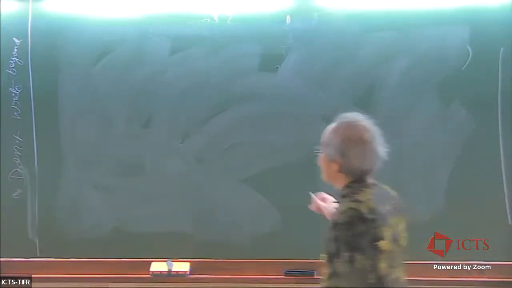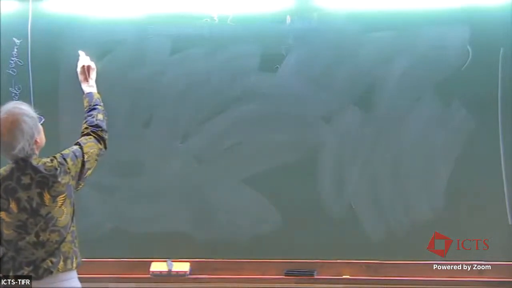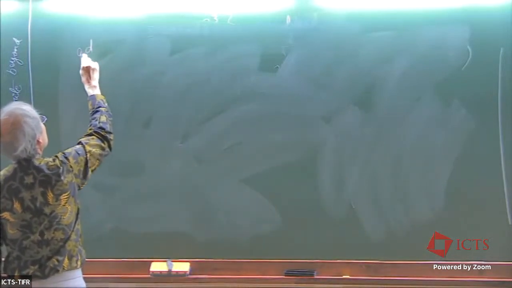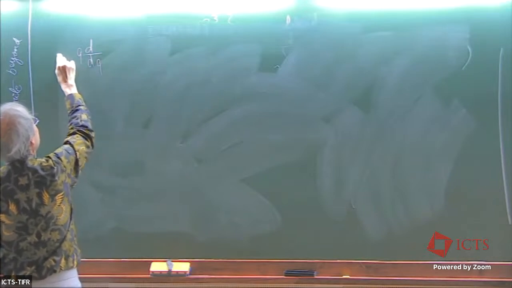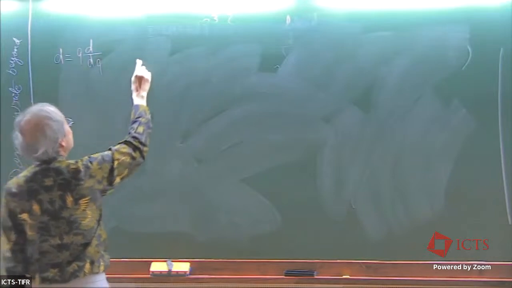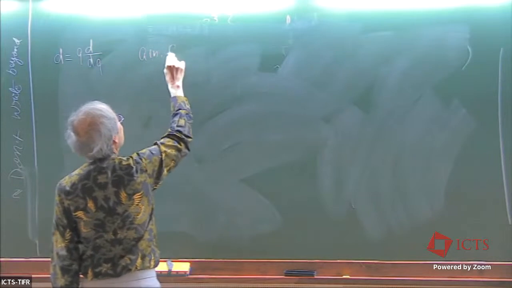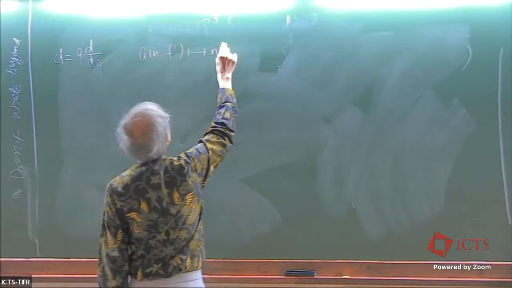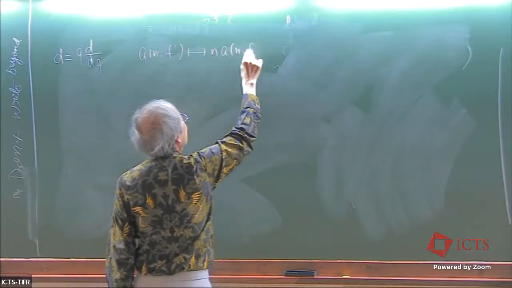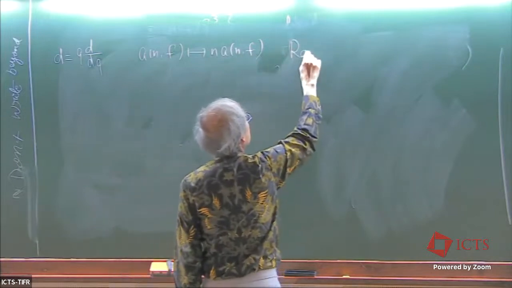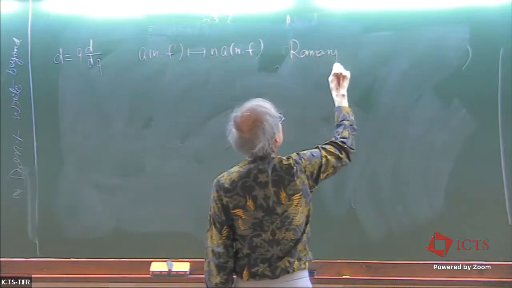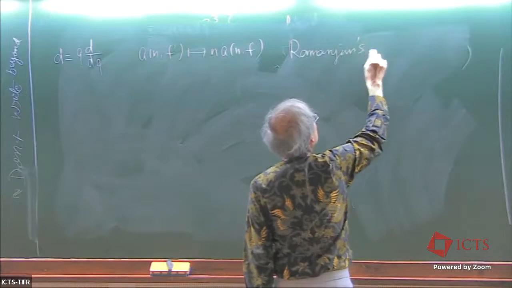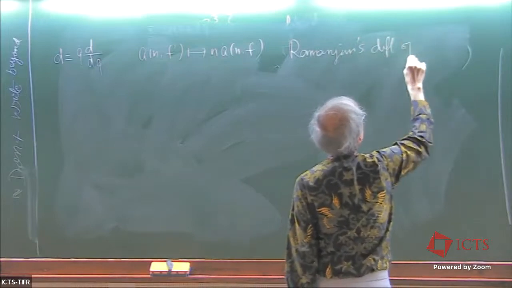Okay, but however, I should say that over Q, if you have a Q expansion, you have this kind of operator, say D. So that means a_n F goes to n times a_n F. Ramanujan's differential operator.